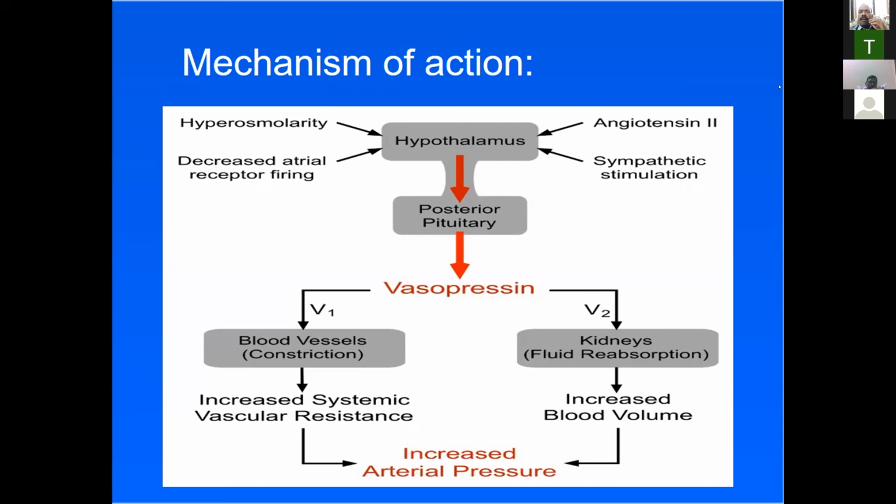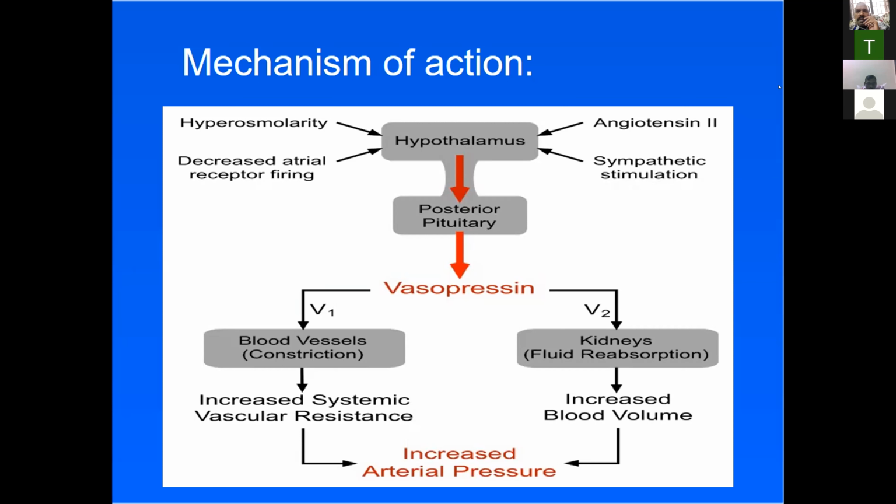So this is a schematic way of representing the mechanism of action. Whenever there is hyperosmolarity, it sends a reflex to the hypothalamus. That is, it can decrease atrial receptor firing, which also stimulates the hypothalamus.